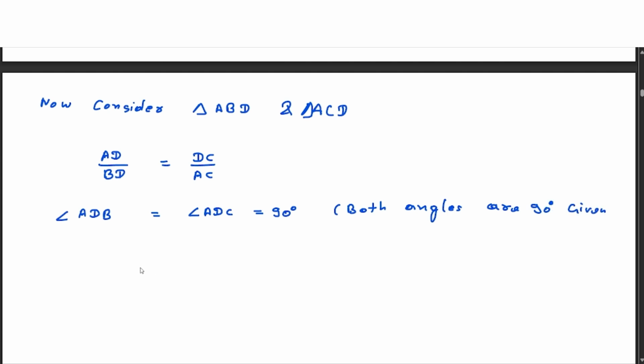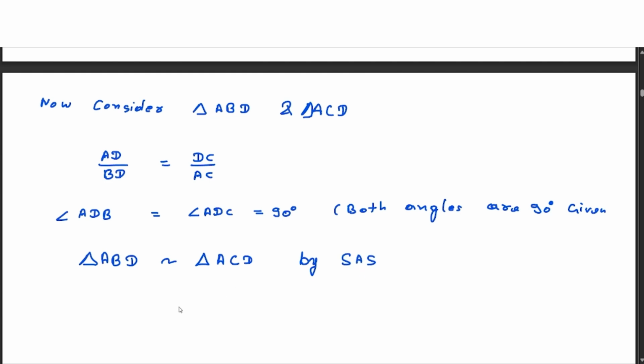So therefore we can say triangle ABD is similar to triangle ACD by, which criteria?